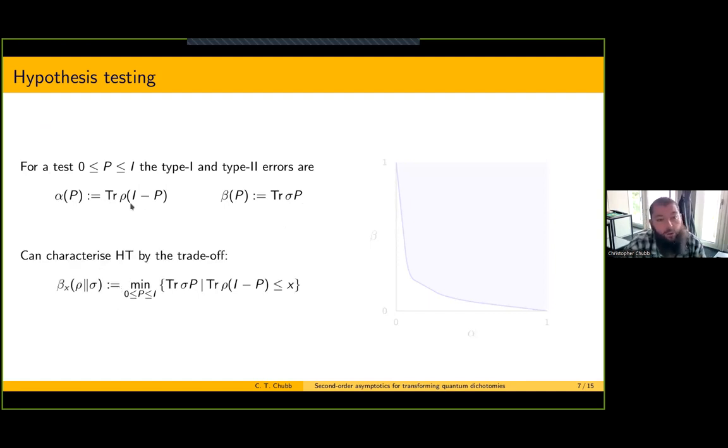So now there's some natural trade-off between these type 1 and type 2 errors. I can then define this beta expression, which is the optimal type 2 error given a constraint on the type 1 error, right? And then optimized over all possible tests. And this is a sort of sketch of what you expect to see, right? Here I just chose two random qubit states and just generated this function.